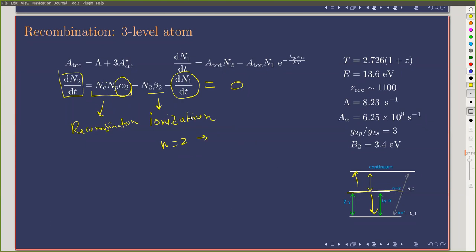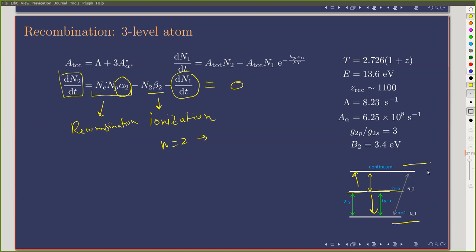And what we are going to assume here is the quasi-stationary evolution: that during this process of recombination, only the number of continuum atoms are changing, basically the number of electrons and protons, and the number of ground state atoms.